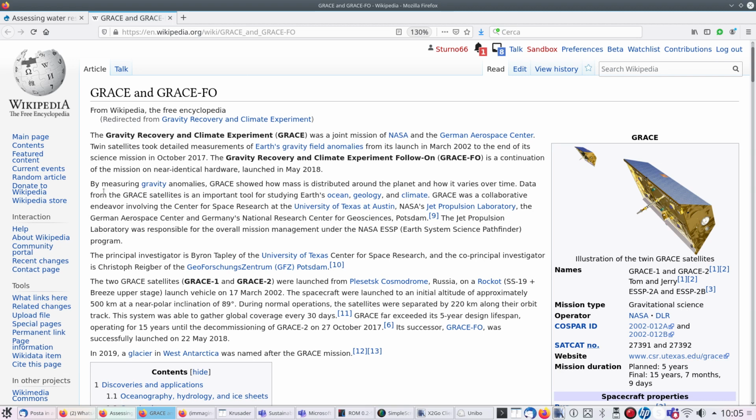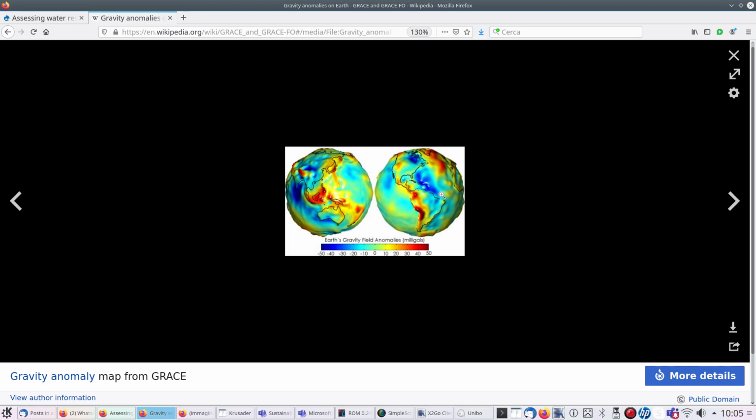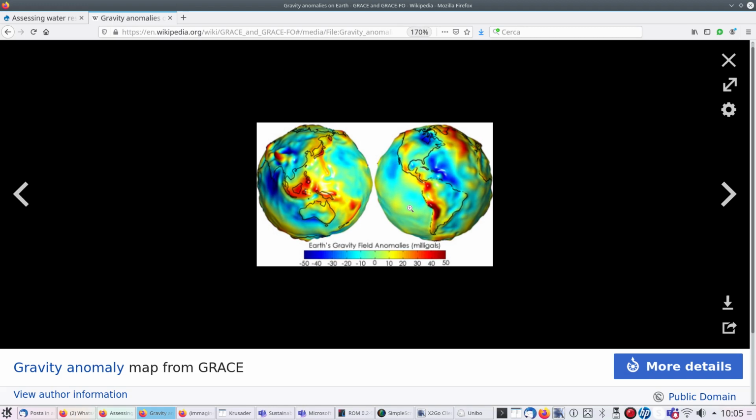Okay, now it is. There is a description of the GRACE mission, and here there is an interesting figure of gravity anomaly. And if you give some time to it to get visualized, this is an interesting figure of gravity difference, and by looking again at the differences in gravity, we can estimate the amount of groundwater that is being withdrawn in the various and different parts of the world.